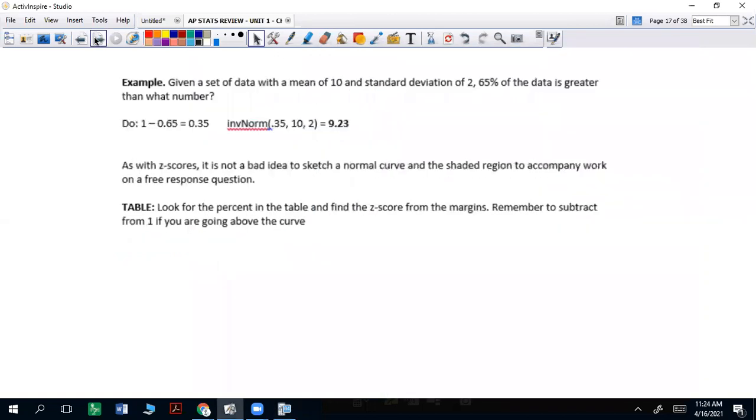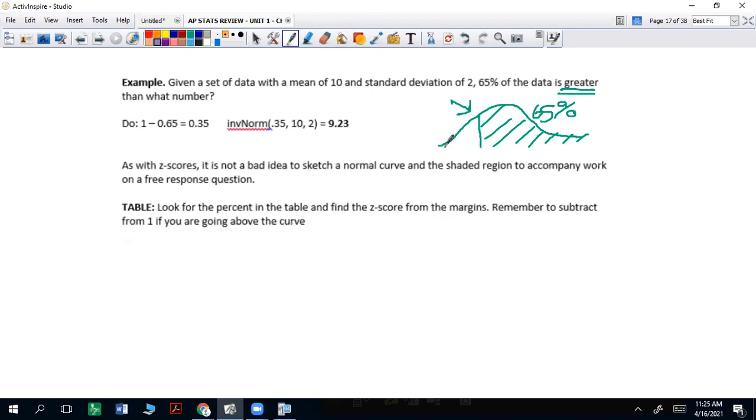Here's another example. Given a set of data with a mean of 10, a standard deviation of 2, 65% of the data is greater than what number? Well, in this case, if it's a greater, then you have to subtract that from 1, because think about what this means. 65% is greater means that I want to know what the 35th percentile is. 65% is up here, but inverse norm only goes to the left, right?